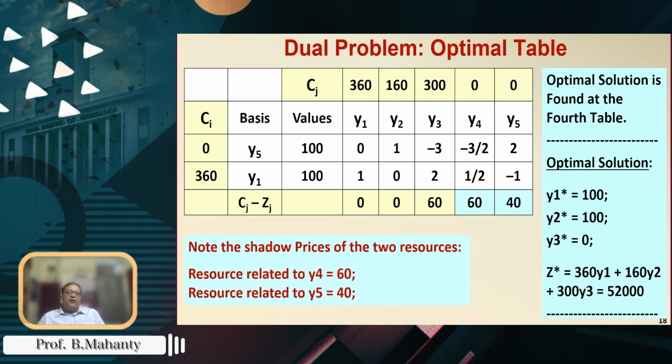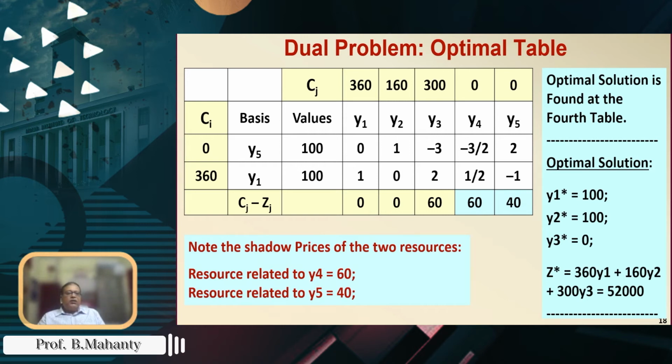So I told you right in the beginning that the primal and the dual are two sides of the same coin. So whether you solve the primal problem or the dual problem, you are going to get the same solution. Not only that, the shadow prices are also giving an indication of the original primal problem solution.